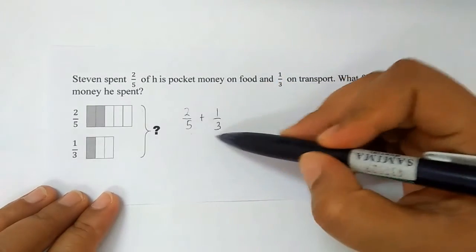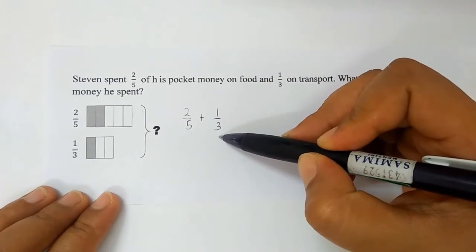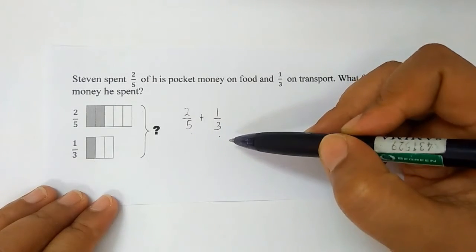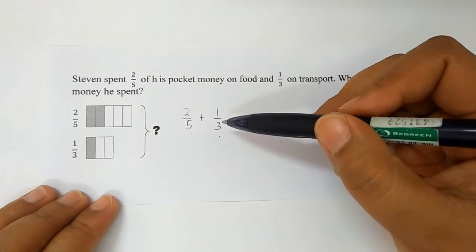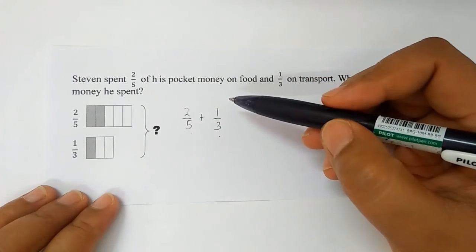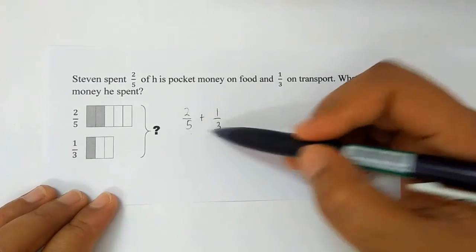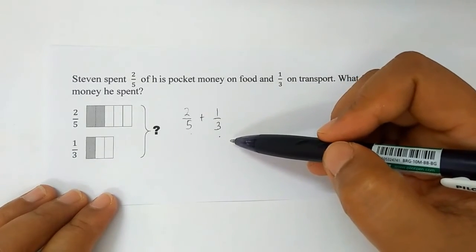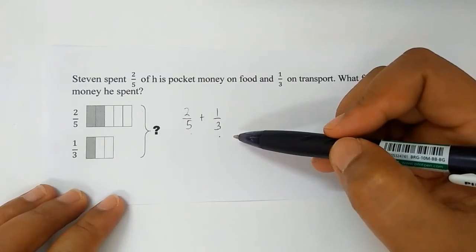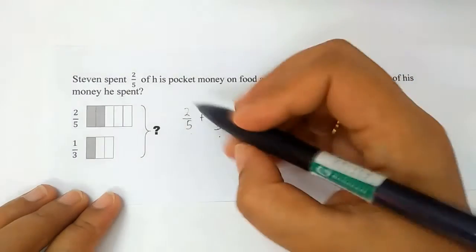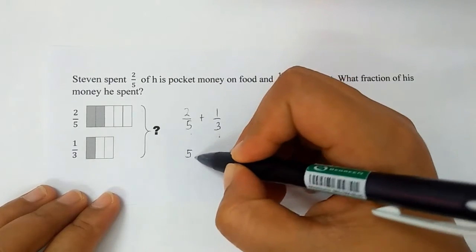Okay, so 2/5 plus 1/3. You can see the denominators are not the same. So we cannot add these fractions. We need to make the denominators the same first. So how are we going to do that? Yes, 3 cannot become 5. It means we're going to take the least common multiple by taking the multiples of 5 and 3. So let's write down multiples of 5.